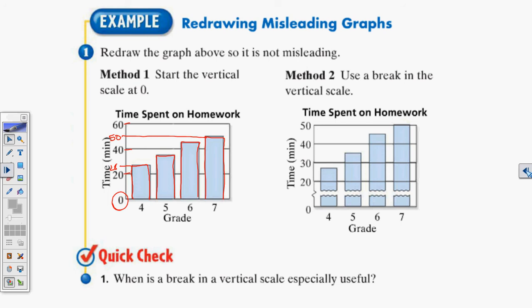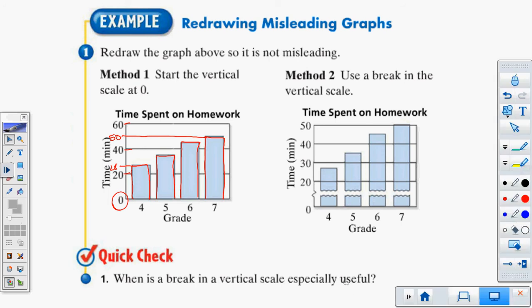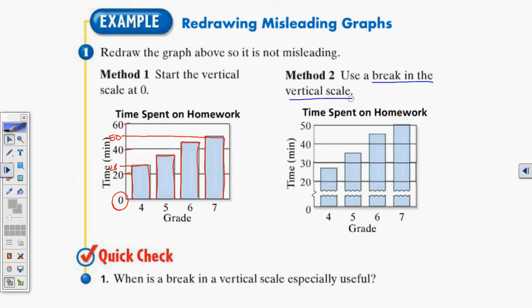So this one uses what's called a break in the vertical scale. This is a break right here, and it looks like a little lightning bolt. It tips the viewer off to say, hey, this is not starting at the right spot. It's not starting at 0. So make sure you take that into account when you're reading the graph.